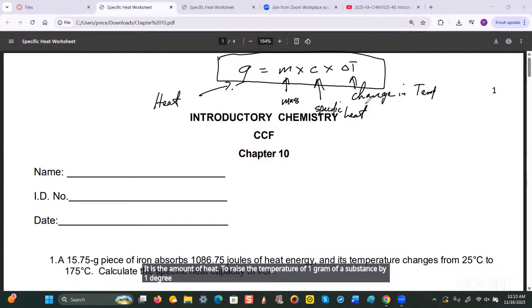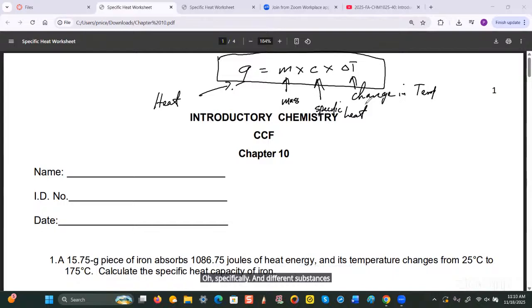That's the definition of specific heat. And different substances will have their own unique values of specific heat. So specific heat is basically a physical constant, just like density, melting point, boiling point, refractive indices, and so on, which different substances will have different values for. The same is true for specific heat, right?